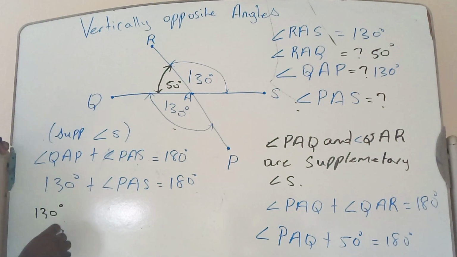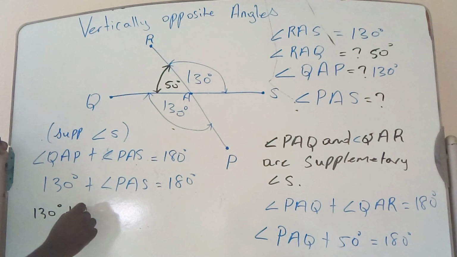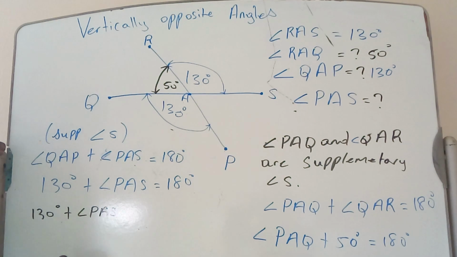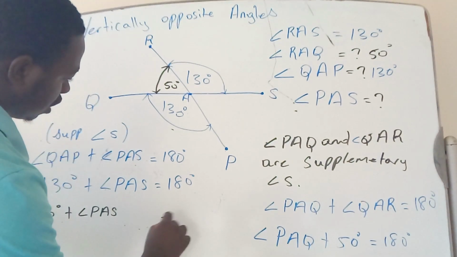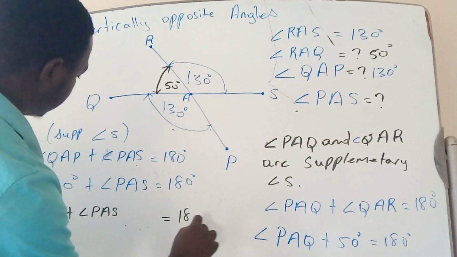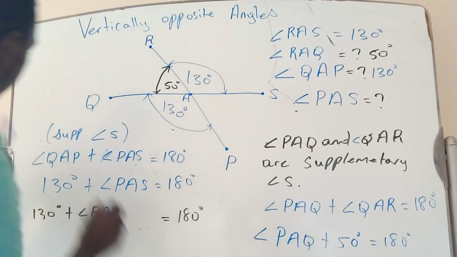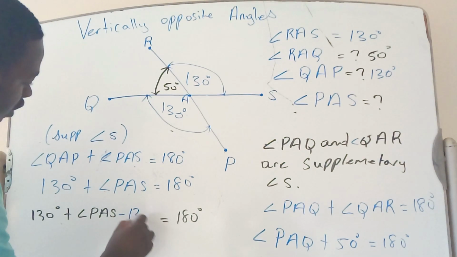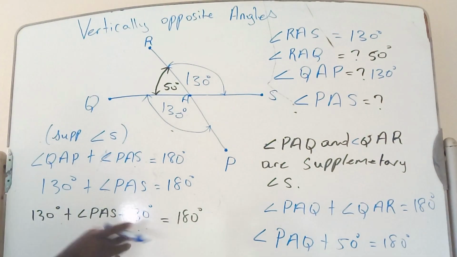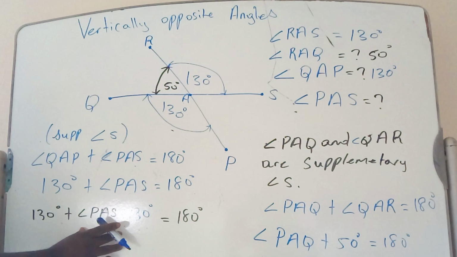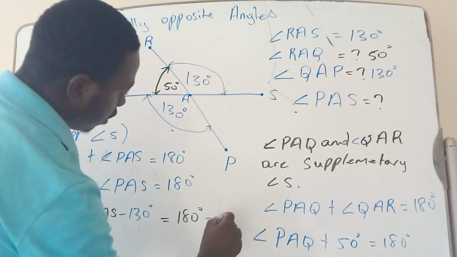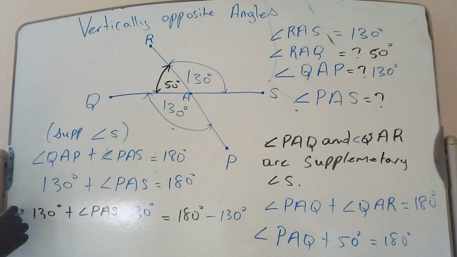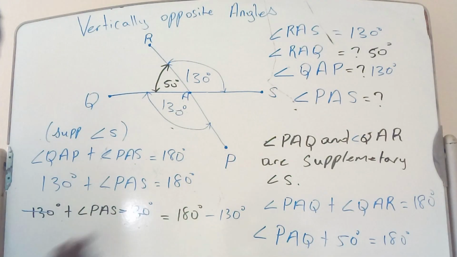Because it's an equation, if I subtract 130 degrees on this side, I have to subtract 130 degrees on this side as well. 130 minus 130 gives me 0.